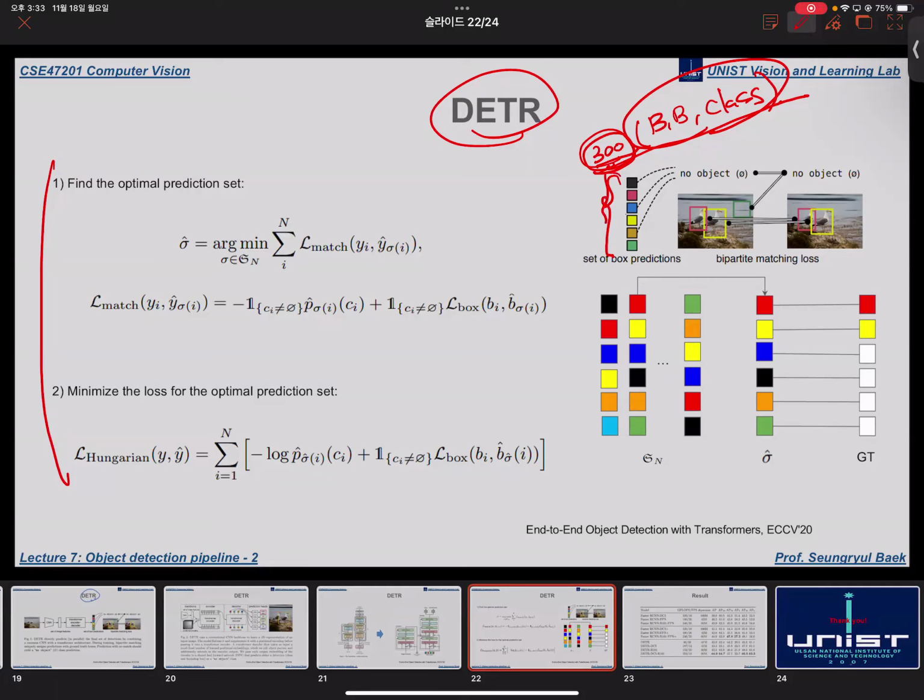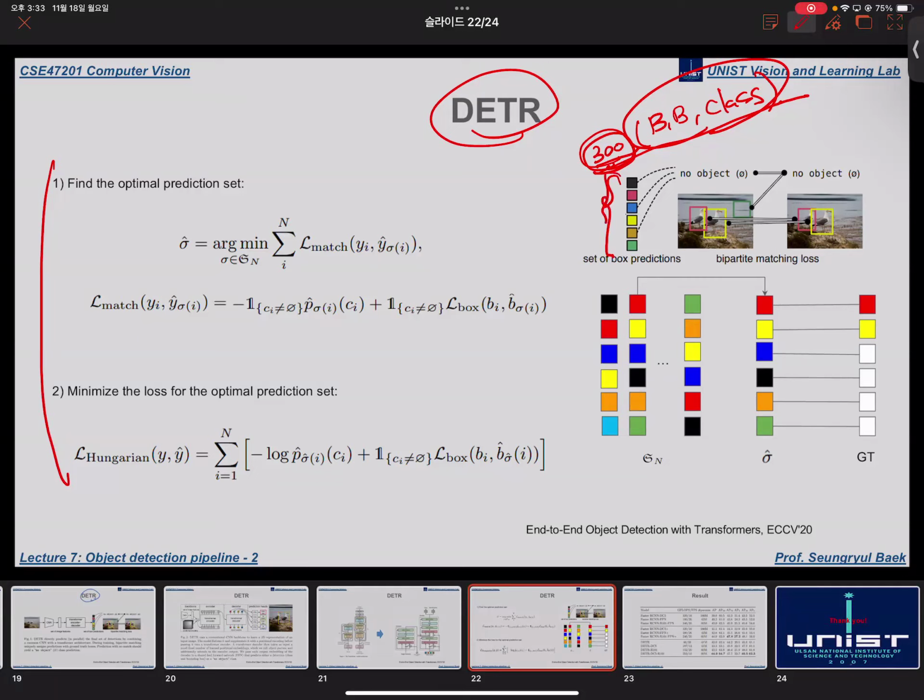When there are only two ground truths in that training sample, you have to filter out 298 sets of predictions. So you have to choose just two, which are best during the training. Are you guys understanding this?